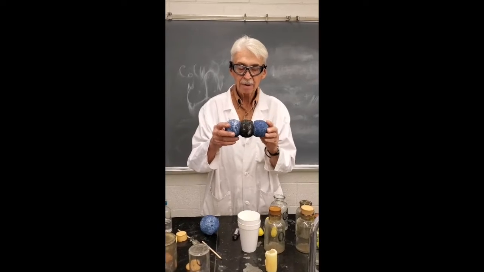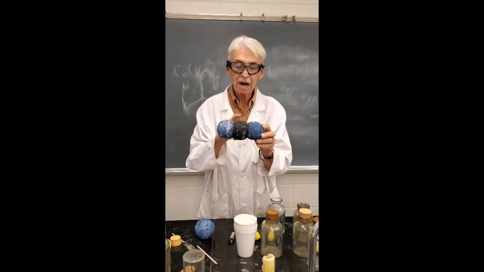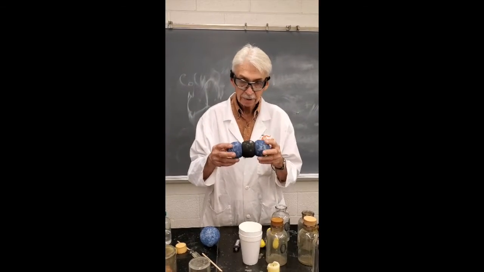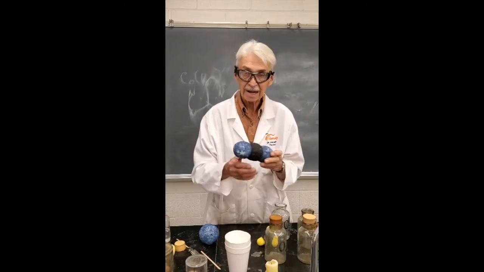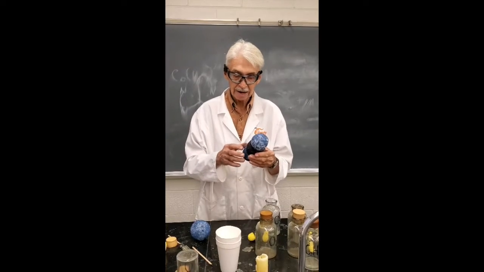By the way, this is a model of the carbon dioxide molecule. The carbon atom's in the middle and the two oxygens on the end, and they're all lined up in a straight line. So in dry ice, you have billions and billions of these. It's kind of interesting why they stick together too.